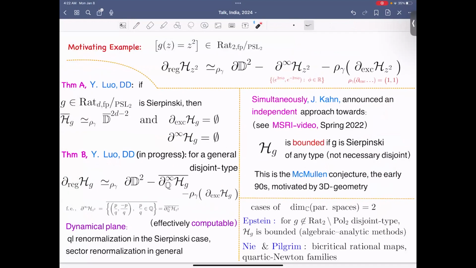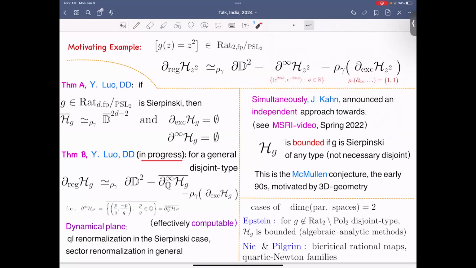Okay, and these are the theorems. They're joint with Yusheng Luo, and the second is in progress. The message is that what happens for this square happens for general disjoint type hyperbolic components if we look at it from a certain angle.